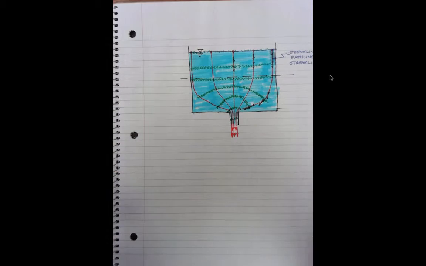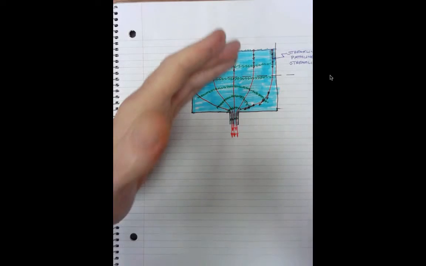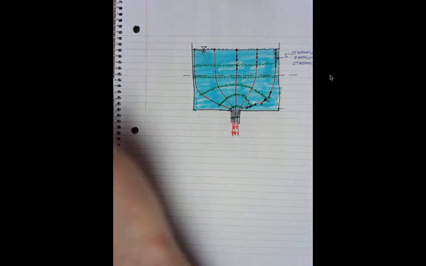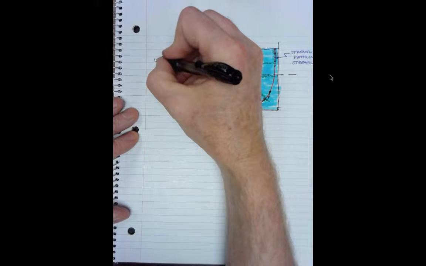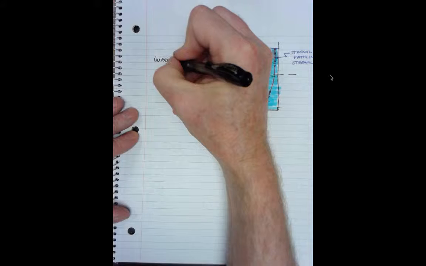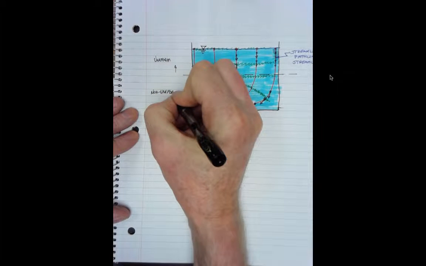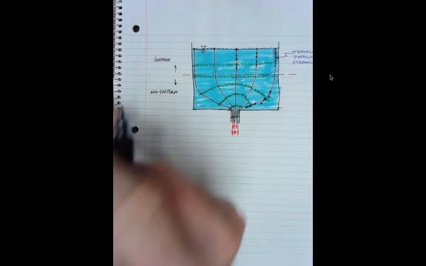Those aren't necessarily at the same time. It actually is going to have to accelerate to get out this hole. So above here we have uniform flow, and below is non-uniform. And both are quite common in practice.